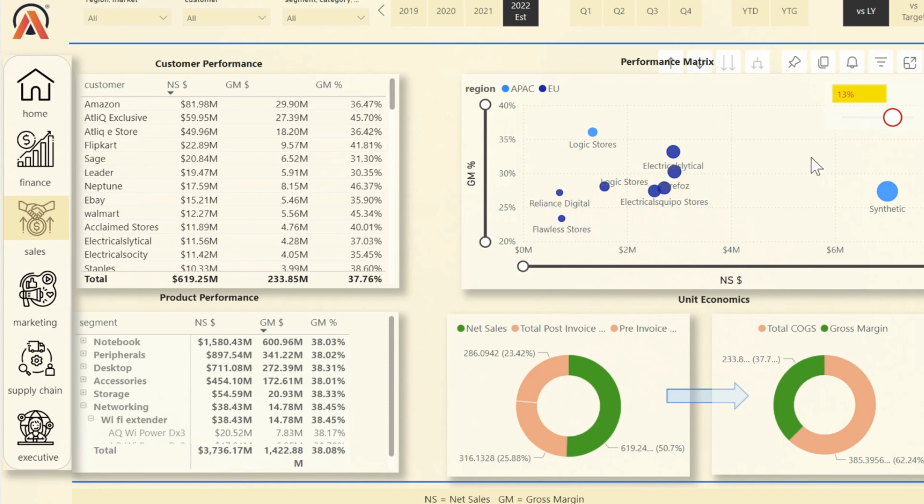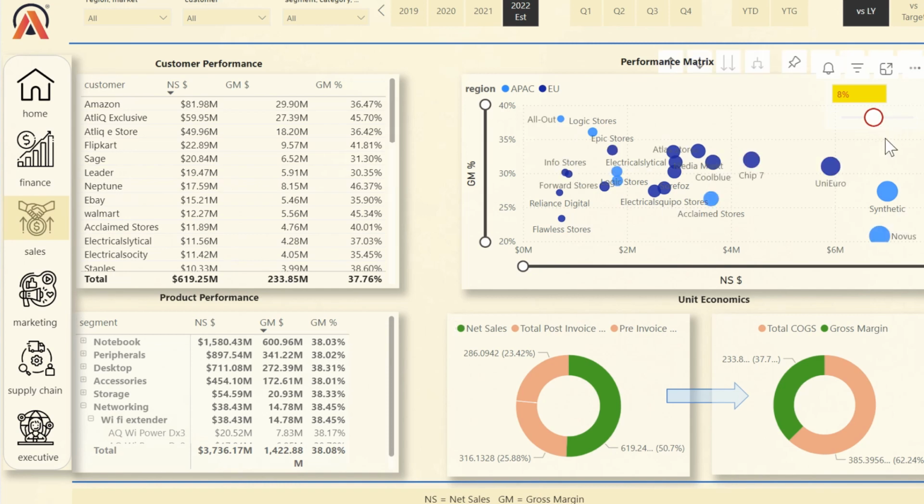And if they have exceeded the GM target percentage by 13 percentage points, it will show those customers on our view, and those are the customers that we are seeing right now. These customers have all exceeded the target GM percentage by 13%. You can play with it, you can make it smaller. So now the target tolerance gap is 8%, and you can see more of the customers.